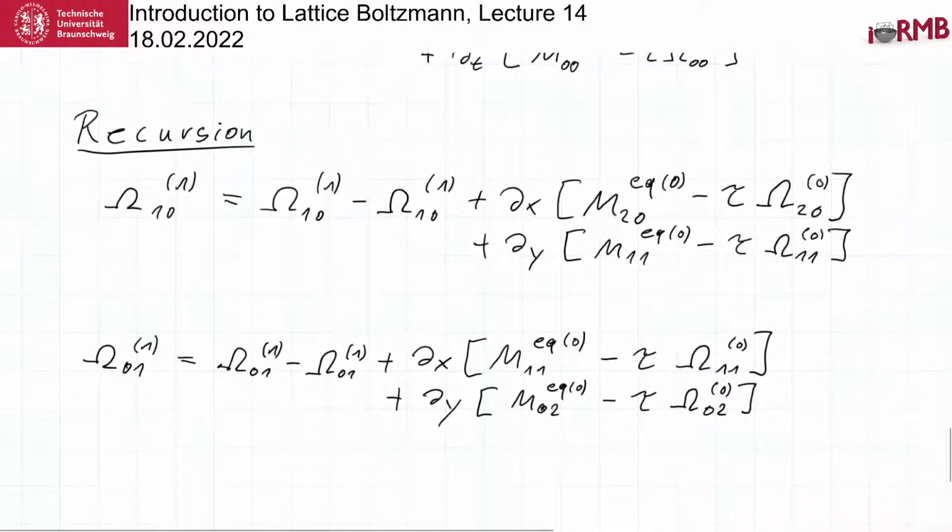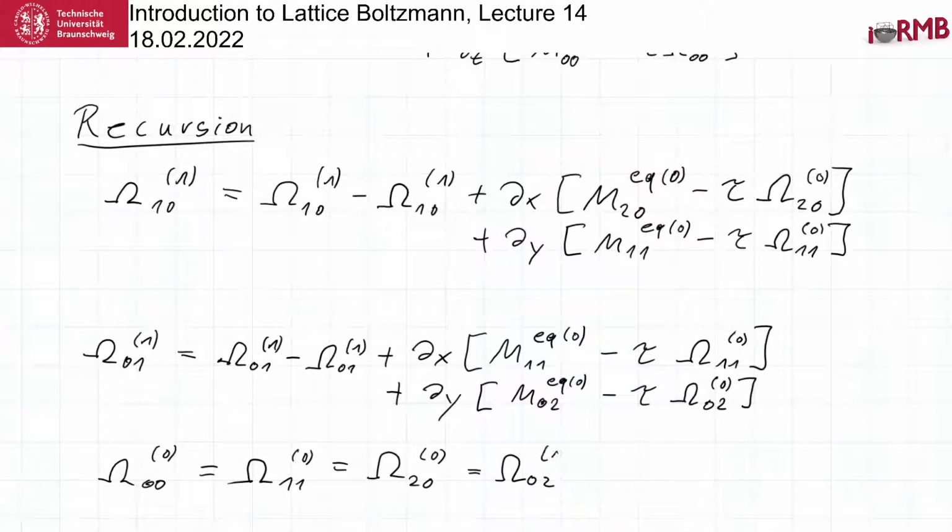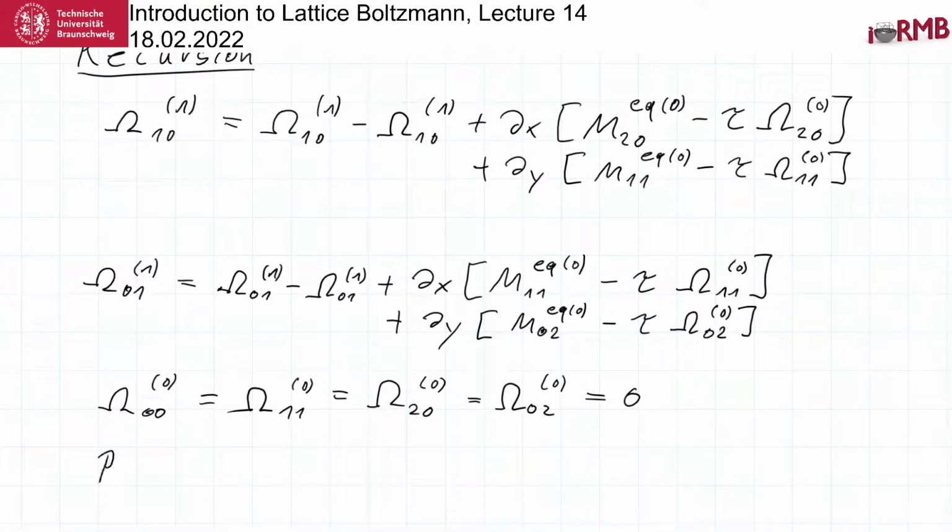And omega 00 to 0 order, as we've already seen, these guys are 0. So at this point the recursion has ended and we have converged.